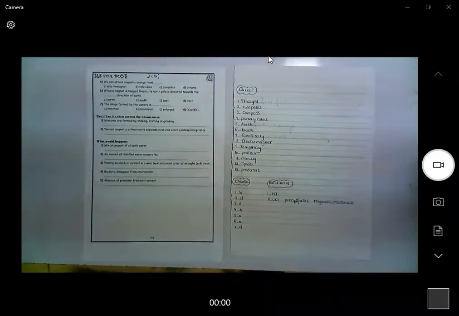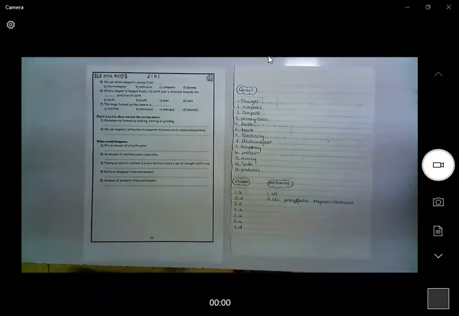5. We obtain magnetic energy from A, electromagnet, B, television, C, computer, D, dynamo. So the correct answer will be A, which is electromagnet. 6. When a magnet is hung freely, its north pole is directed toward the dot direction of the earth.